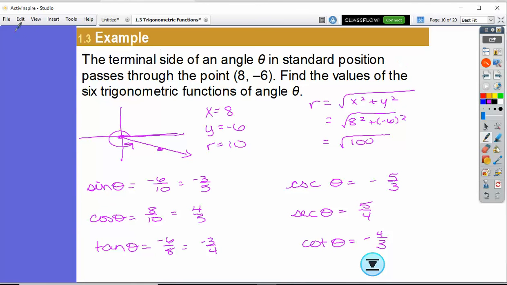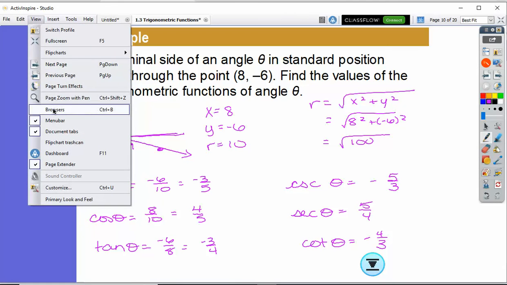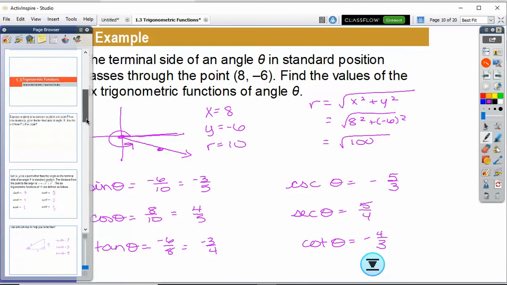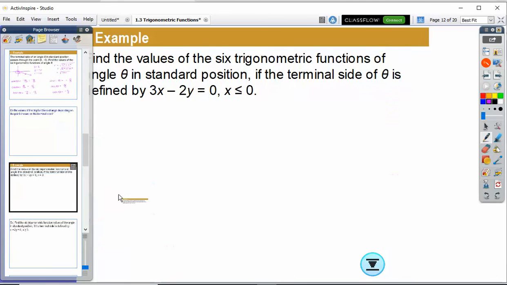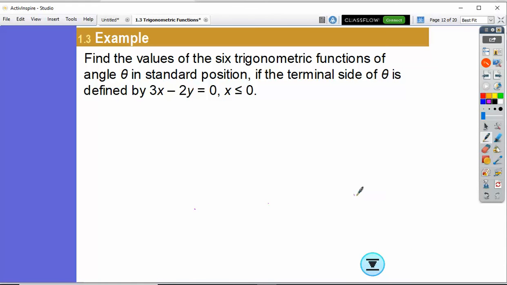Let's say I ask the question a little bit differently. I'll give you a second to jot this down if you want. This initial part is the same. We're just talking about finding the 6 trig functions. But what you want to write down, the terminal side is defined by this equation.